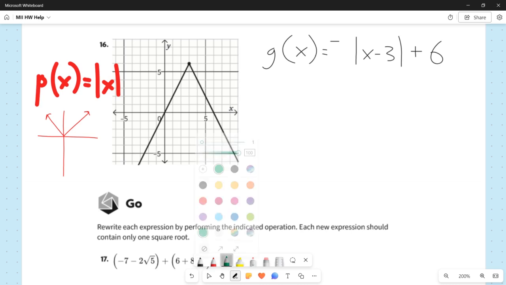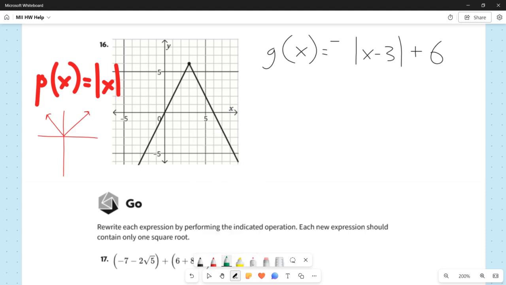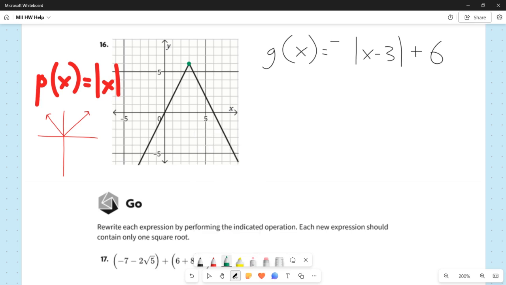But now, if we investigate a little bit more, notice that from my vertex, if I want to proceed to the right, I go down 2 and over 1.